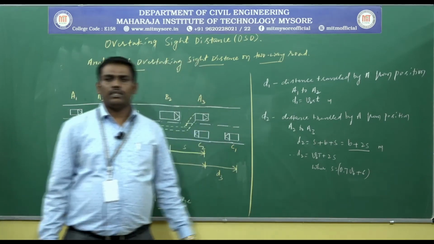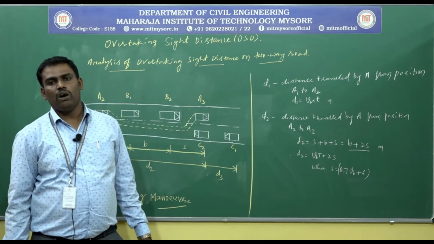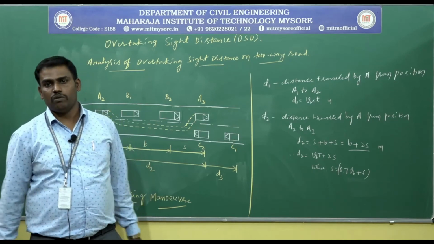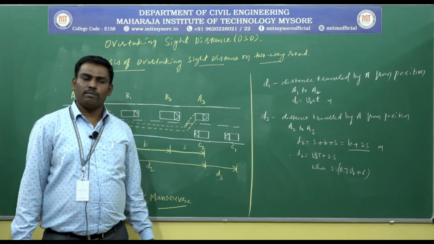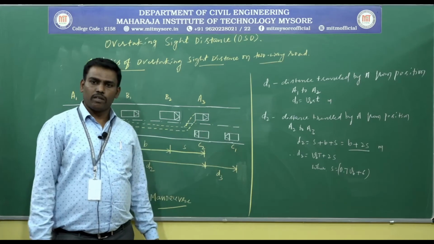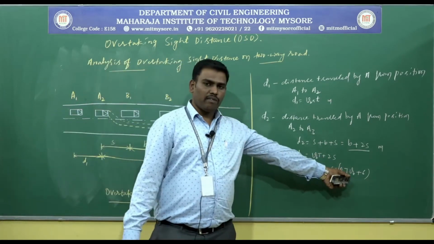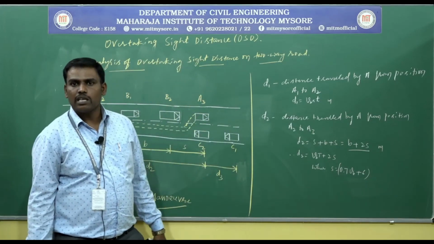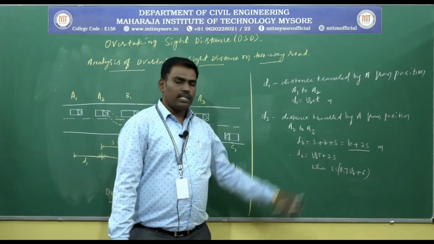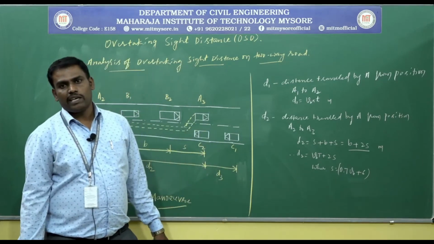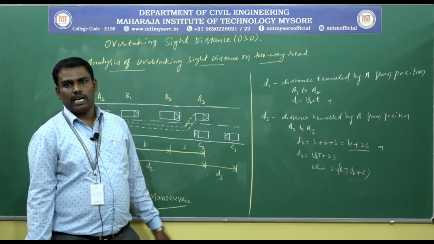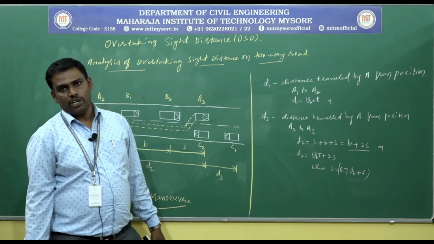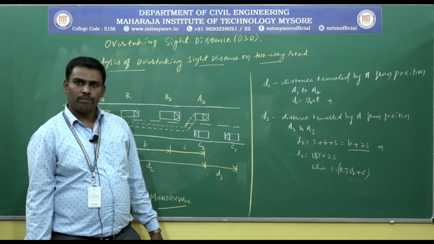To get the value of T, what is the time taken for actual overtaking, that is, what is the value of capital T? We get S from the empirical formula, 0.7 VB plus 6. Then what about T? Usually the overtaking time T you get by equating D2 to the distance travelled by a uniformly accelerated body.